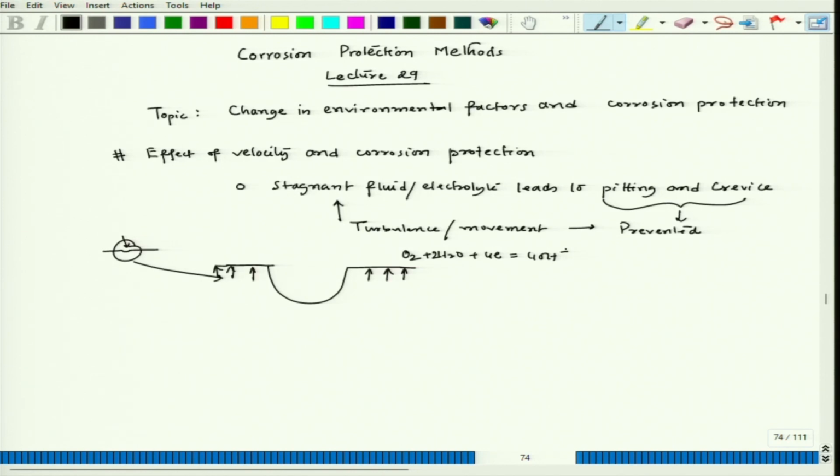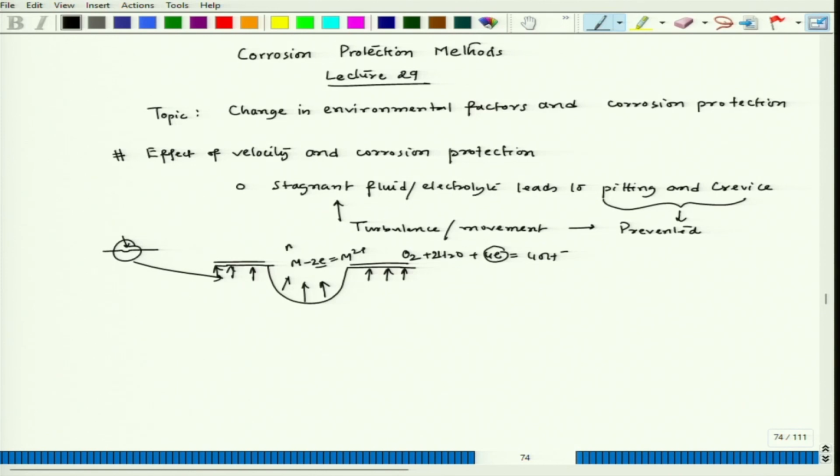This cathodic reaction would happen on the entire surface apart from that very tiny narrow portion where the pit has formed. In order to meet the need for the 4 electrons for that cathodic reaction, we have dissolution of the metal inside that pit: M minus 2e equals M2 plus, considering that it is a bivalent metal.